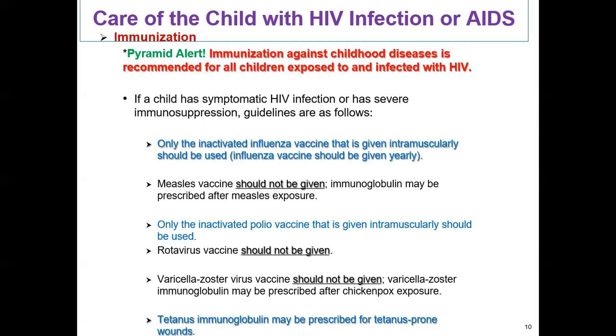Also the varicella zoster vaccine for chickenpox should not be given. Varicella zoster immunoglobulin may be prescribed after chickenpox exposure. Also, tetanus immunoglobulin may be prescribed for a tetanus-prone wound.